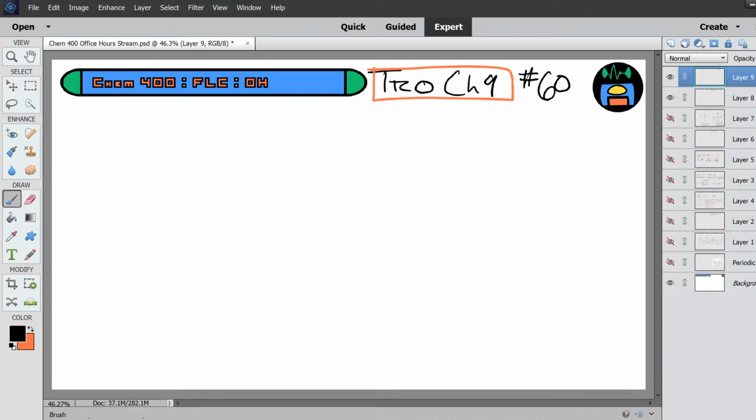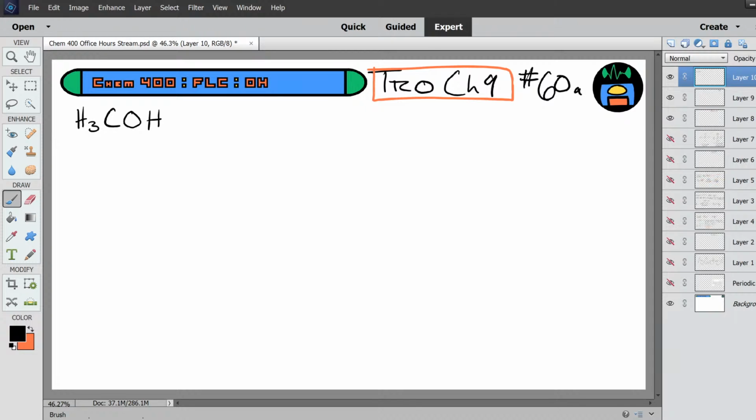This is 60 part A. Write the Lewis structure for each molecule or ion, and the molecule is H3COH. All right, this one is going to have a fun twist to it.